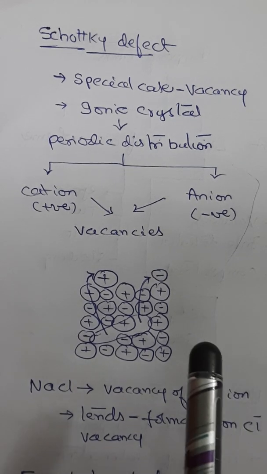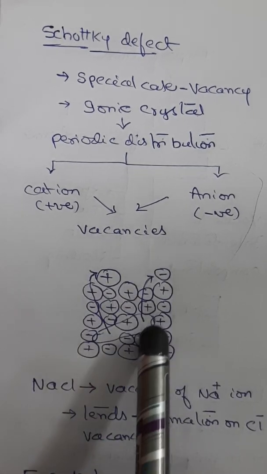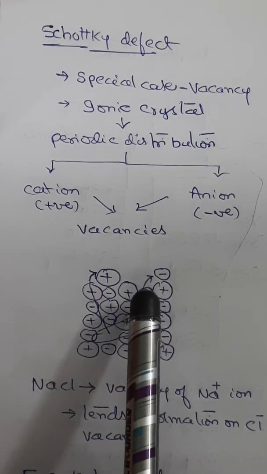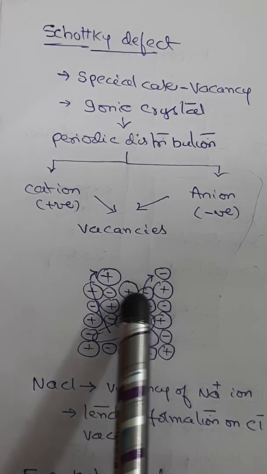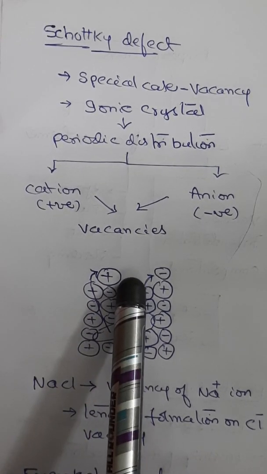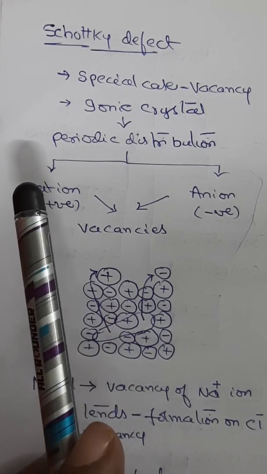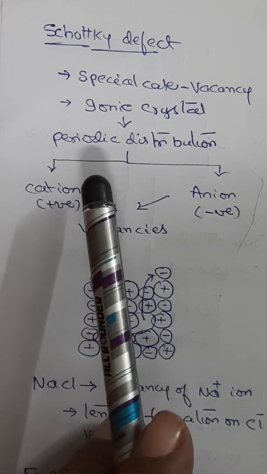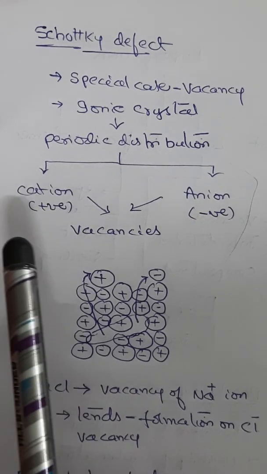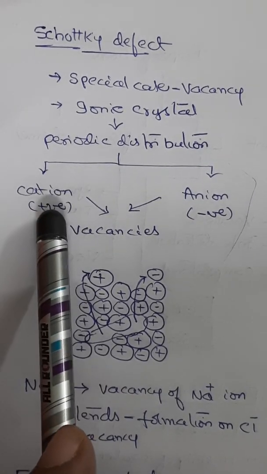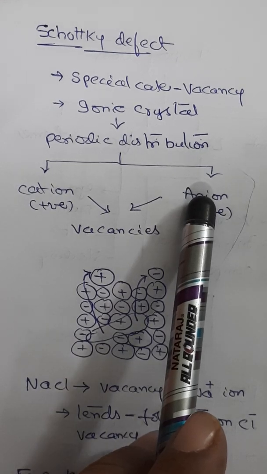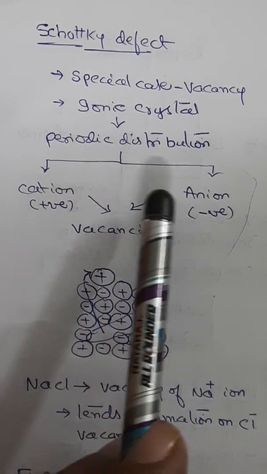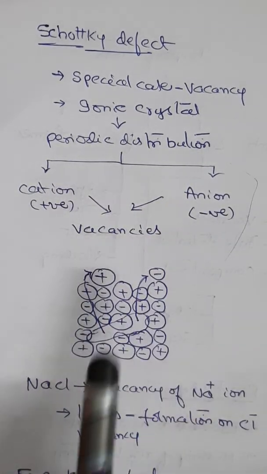In ionic crystals, if you consider the periodic distribution of positive and negative ions carrying equal charges, then there are two types of possible vacancies in an ionic crystal. One is cation vacancies, another is anion vacancies. That is, one is positive ion vacancies, another is negative ion vacancies.